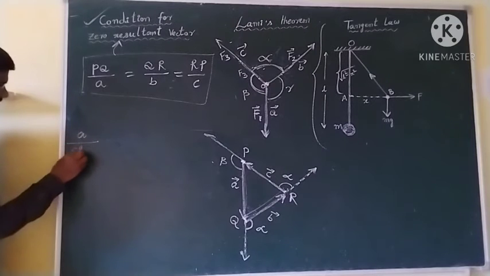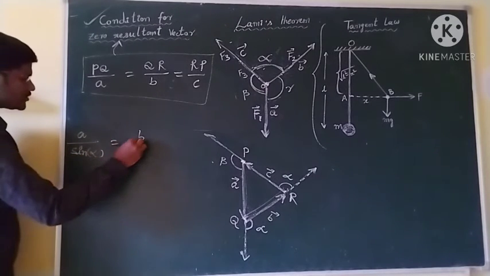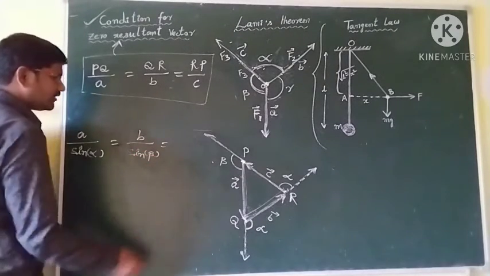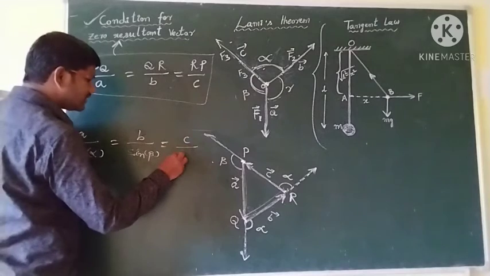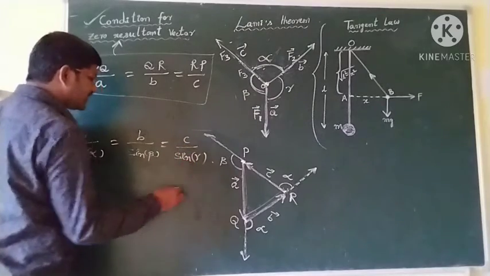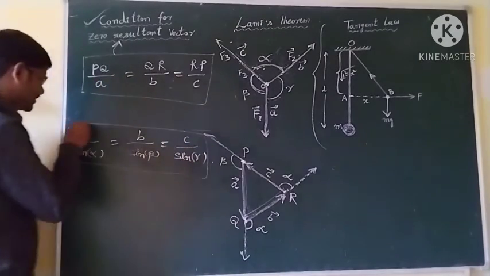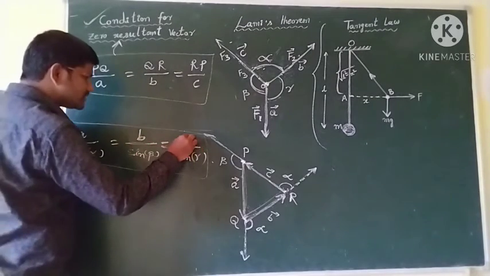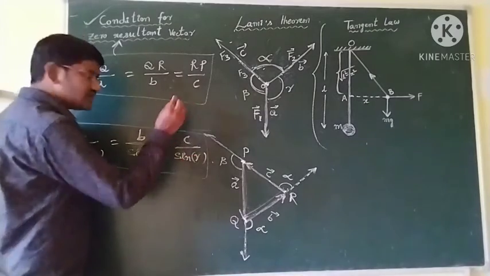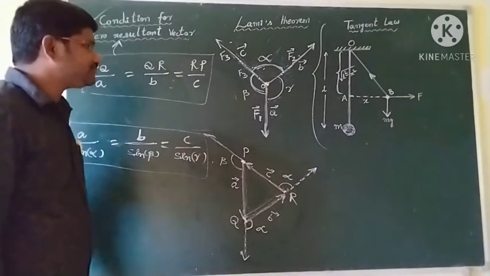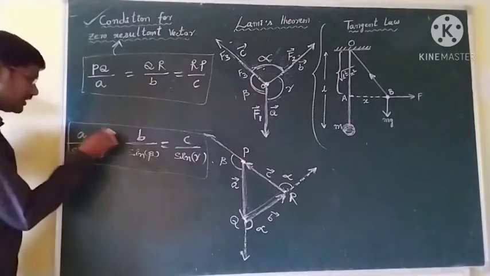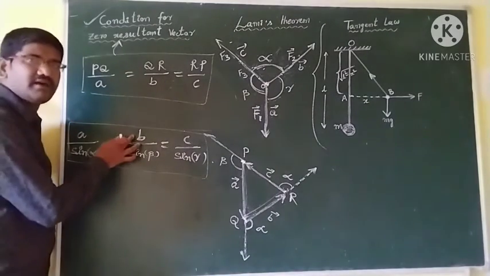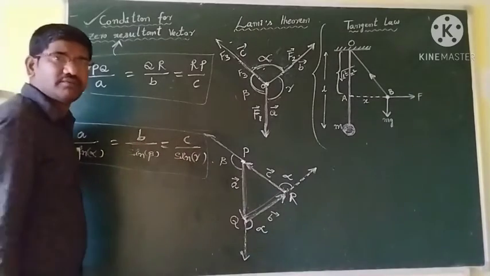A by sin alpha is equal to B by sin beta is equal to C by sin gamma is equal to a constant. We can write, my dear students. A we can call any force. Or reverse also, sin alpha by A, sin beta by B, and sin gamma by C, also you can write constant.